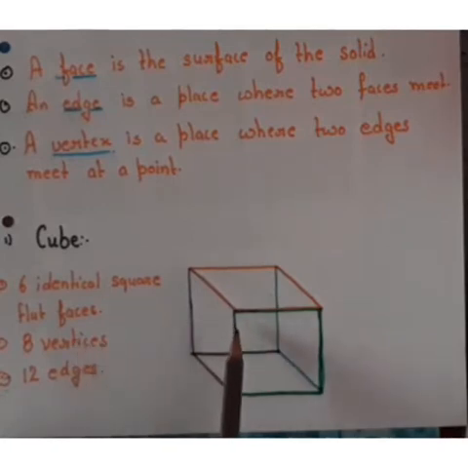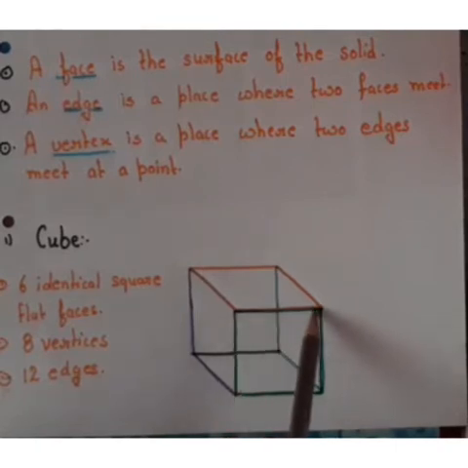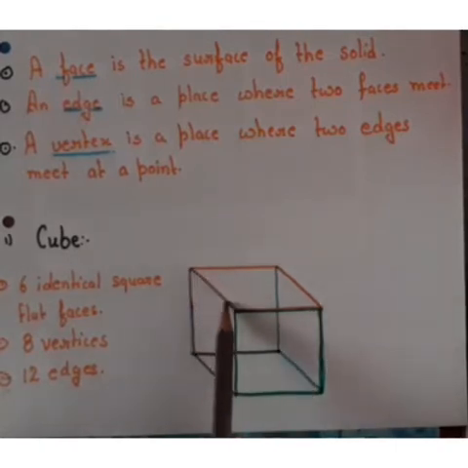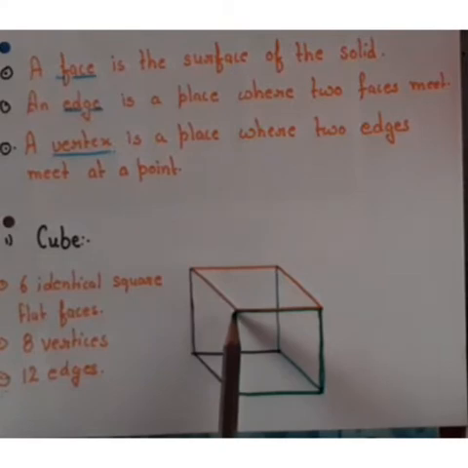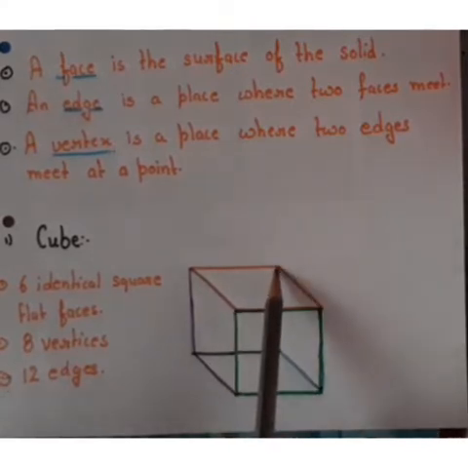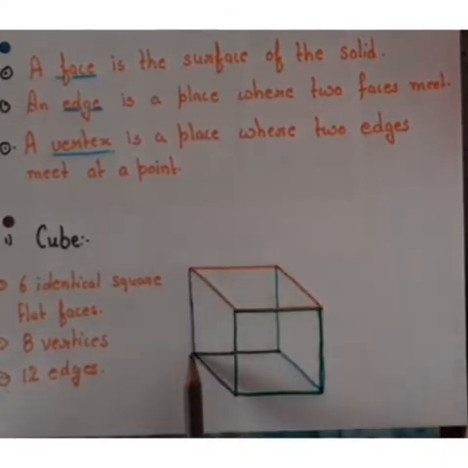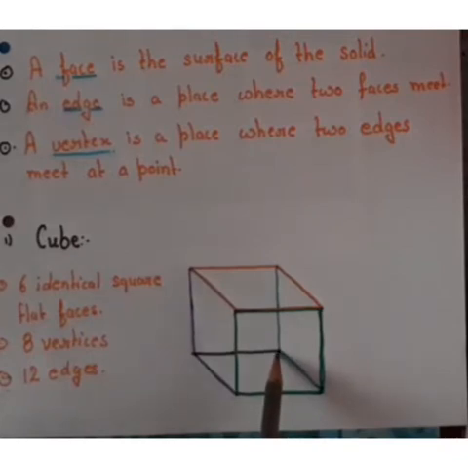Second, how many vertices does it have? I told you what a vertex is. It is a place where two edges meet. You can see this is one edge and this is the other edge. They are meeting over here. So you have to count the vertices: 1, 2, 3, 4, 5, 6, 7, 8. So 8 vertices.